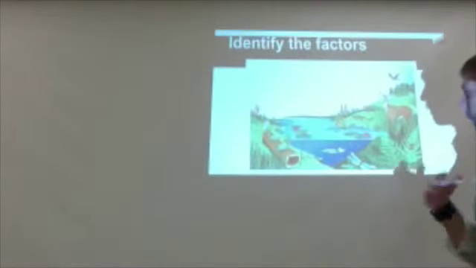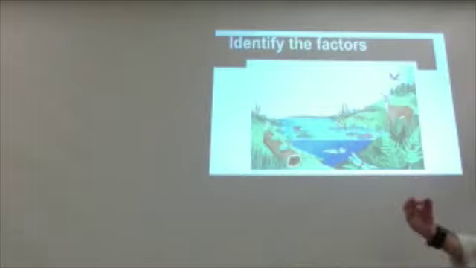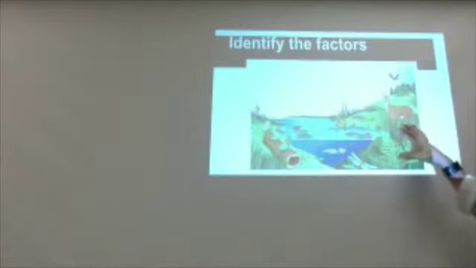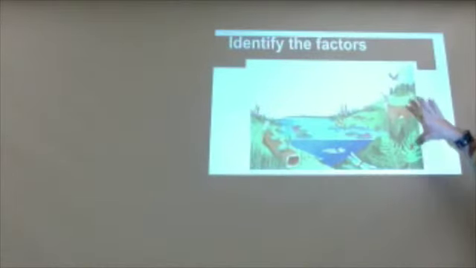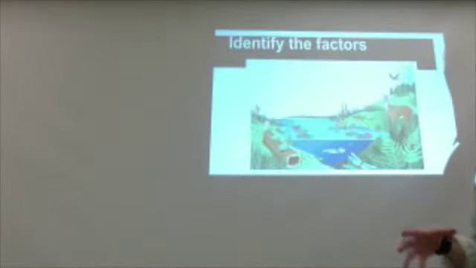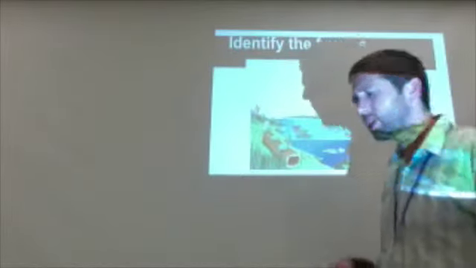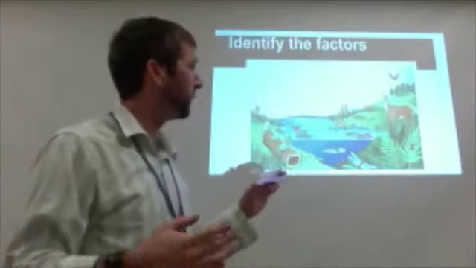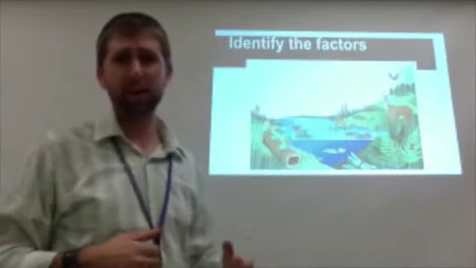Now, you probably don't know about all the abiotic factors like nitrogen and carbon and oxygen. We'll go over those in some of your other classes and a little bit more in depth in biology. But for now, I want you to be aware that all of these factors are part of one system. They're all contained in one ecosystem that keeps everything alive.